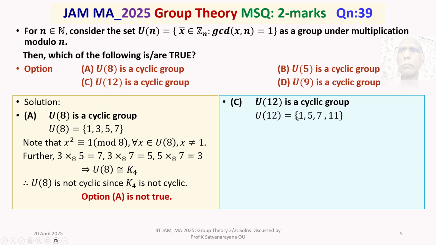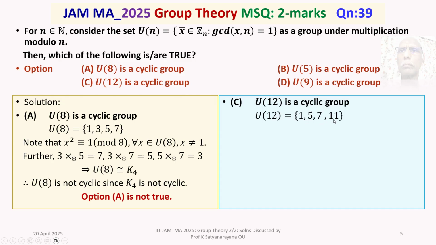So write down all those elements which are relatively prime to 12. 1 yes, 2 is not, 3 is not, 4 is not, 5 yes, 6 is not, 7 yes, 8 is not because the GCD is 4. 9 is not, 10 is not, 11 yes.